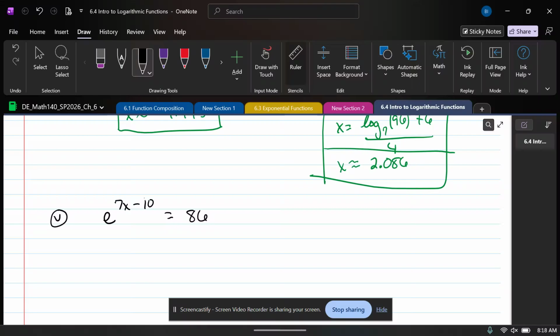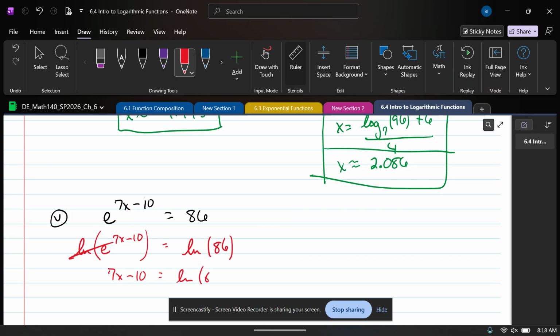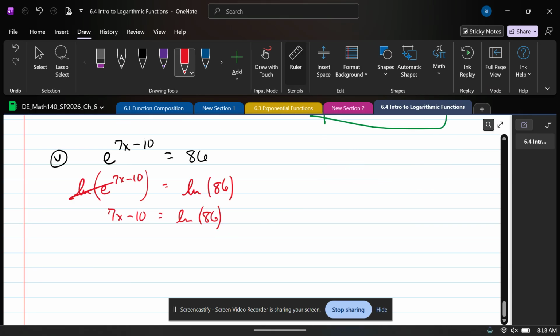So we know that's not going to work. So what do we use to solve this one? Natural log. Because it's base e, we're doing the natural log of e to the 7x minus 10 and the natural log of 86. And so this side is 7x minus 10, and the natural log of 86 is a number. And now we're just getting x by itself. So, wash, rinse, repeat: once you get the exponential by itself, go from there.